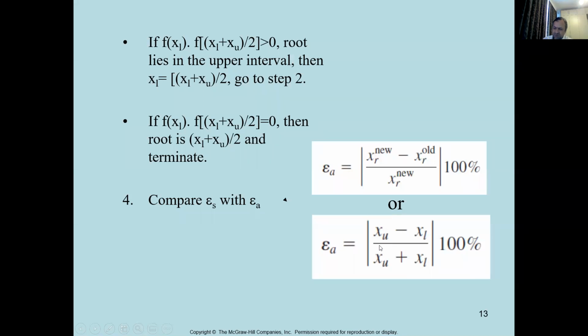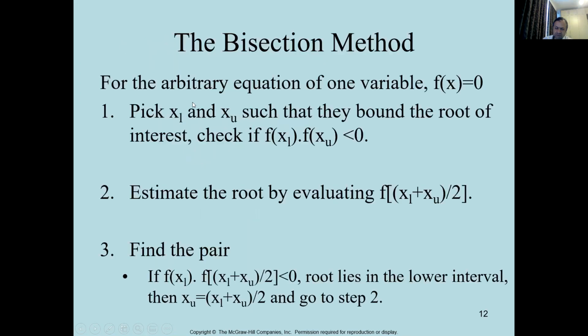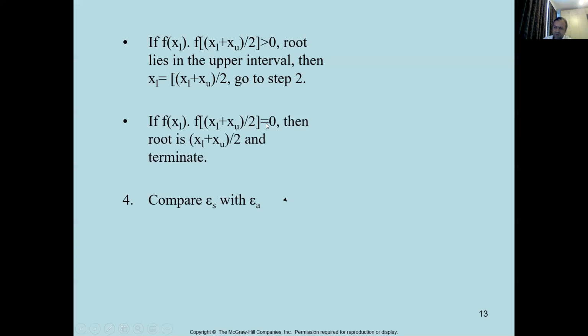Later on, either xu or xl will be replaced. In the first case, xu will be replaced with the xl and xu present at that position. And in the second case, xl will be replaced by (xl plus xu)/2.